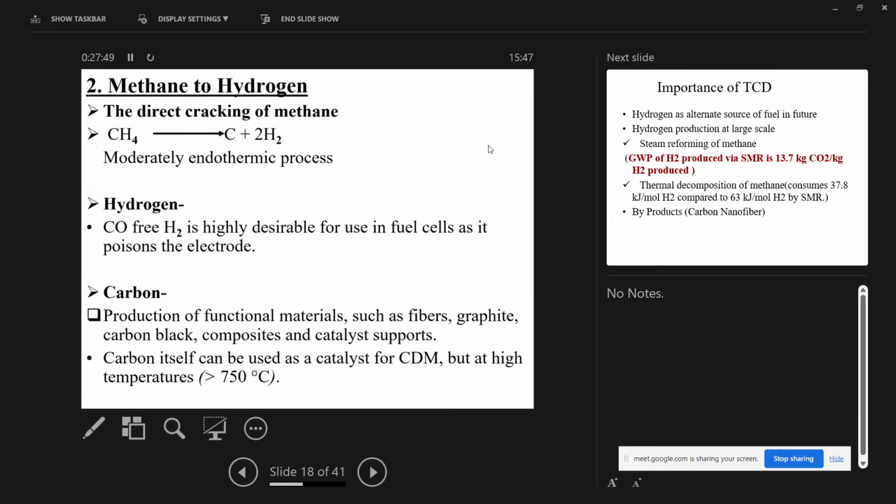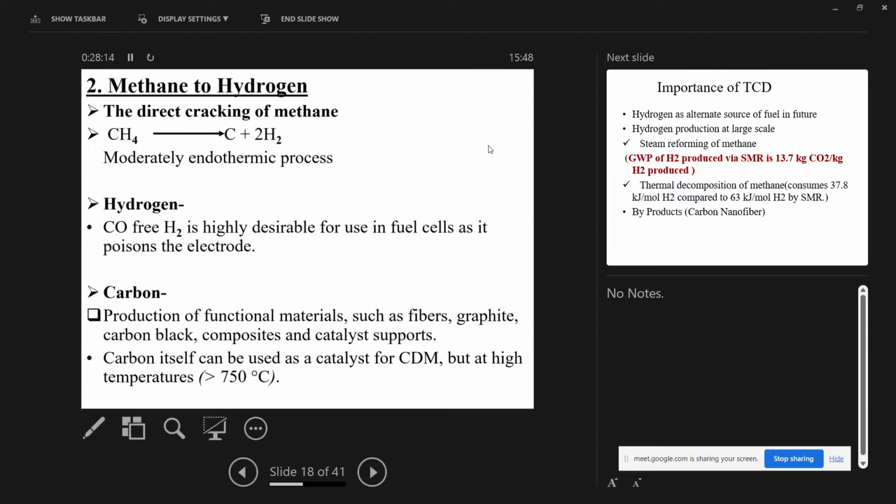But right now research has started on how we can use this carbon as a source. If we synthesize and develop different catalysts which can easily convert all this carbon into a different form, then it will be called COx-free hydrogen.